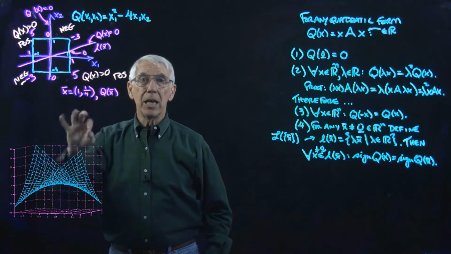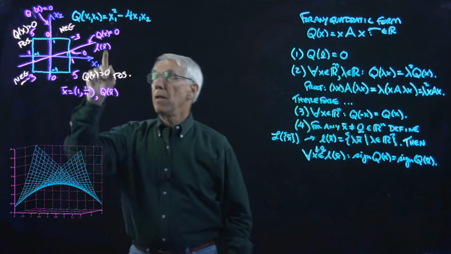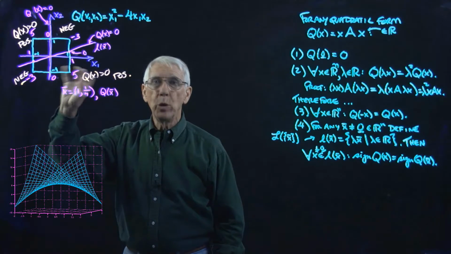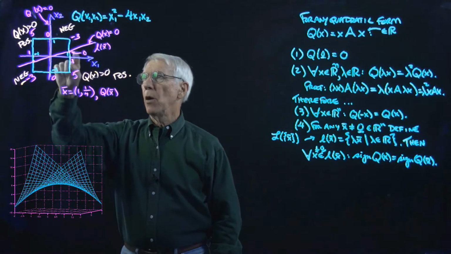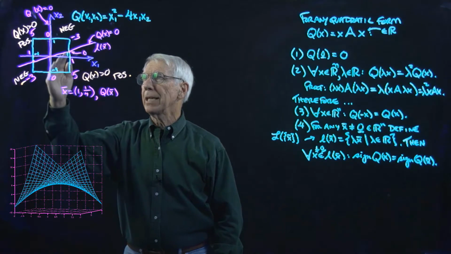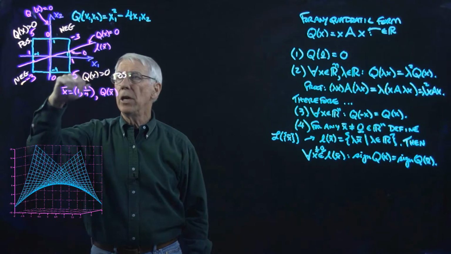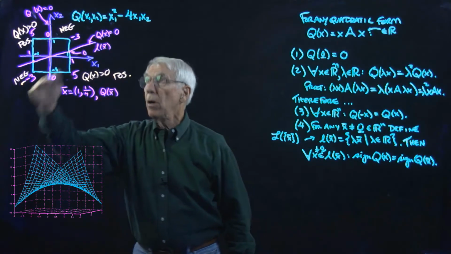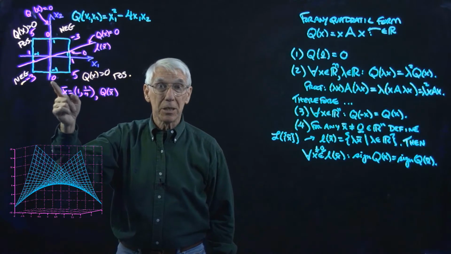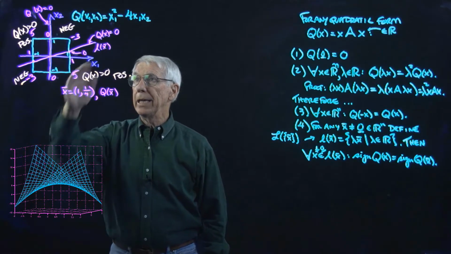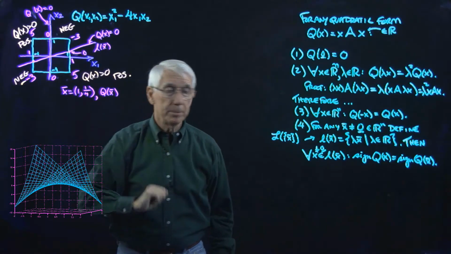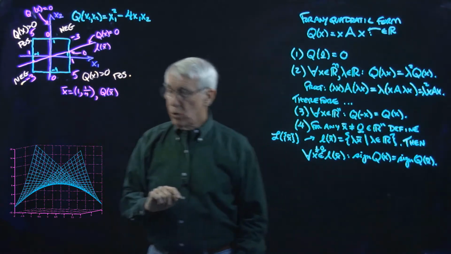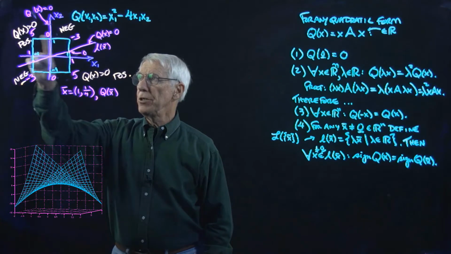So I can tell everything about this quadratic form by just doing what we just did. I can tell what its values are at specific points. I can tell regions where it's negative, regions where it's always positive, subspaces, lines where it is always 0.